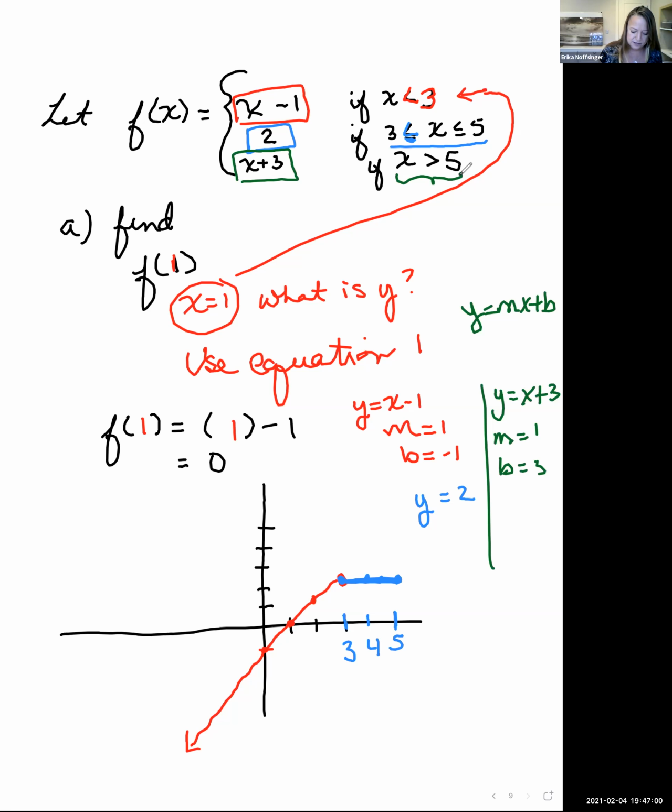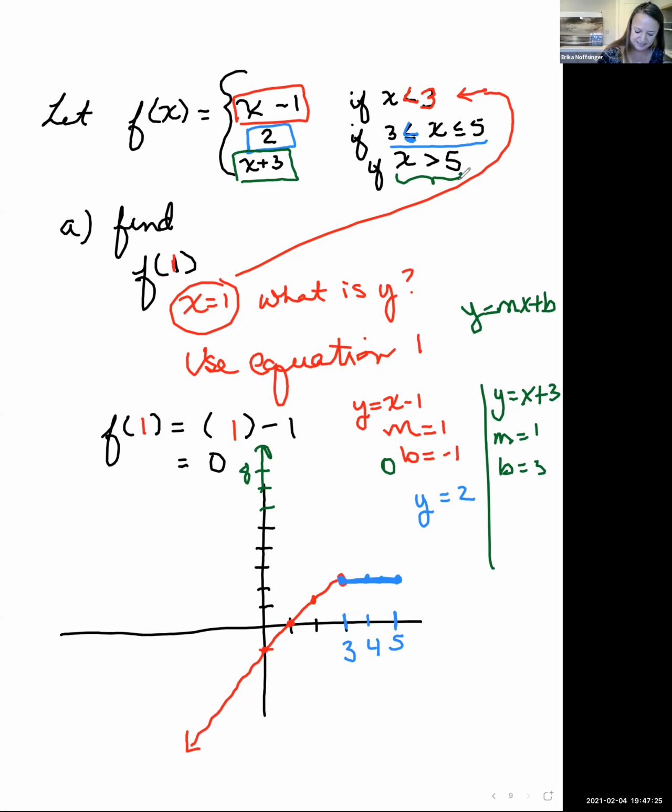So let's see what happens when we put in 5, even though it isn't a point for this third equation. If I put in 5, I get 5 plus 3, that's 8. So at 5, I have 8. It's an open circle.